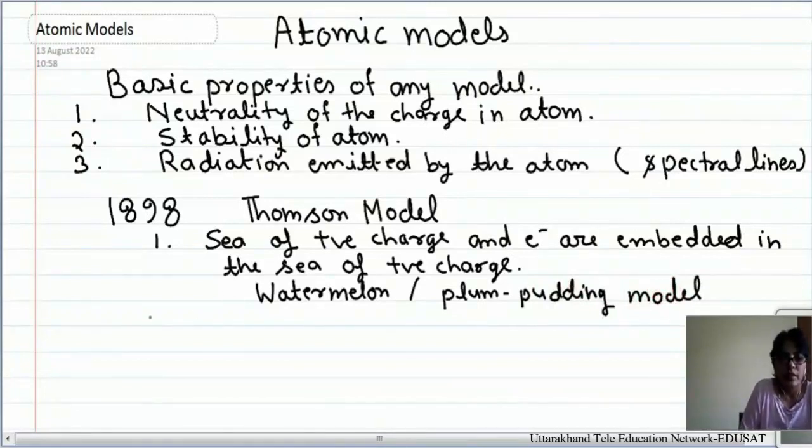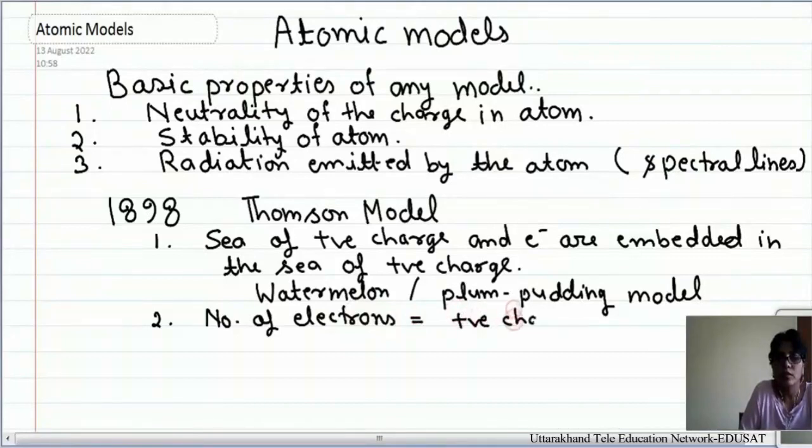In this model, he also assumed that the number of electrons is such that they can neutralize the positive charge. So he assumed that the number of electrons is equal to the positive charge of the sea.